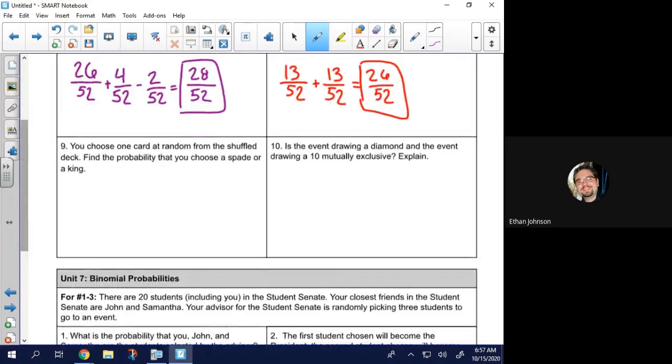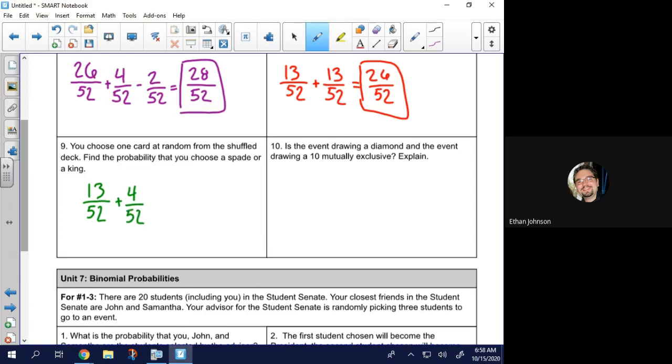Question 9. You choose one card at random from the shuffled deck. Find the probability that you choose a spade or a king. Well, I know there are 13 spades out of the 52. And I know that there are 4 kings in a deck out of the 52.